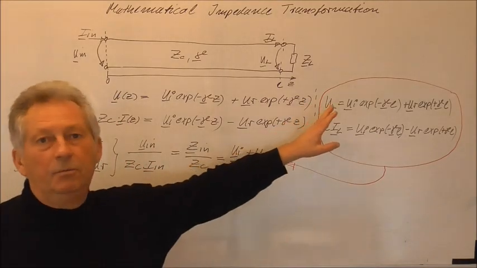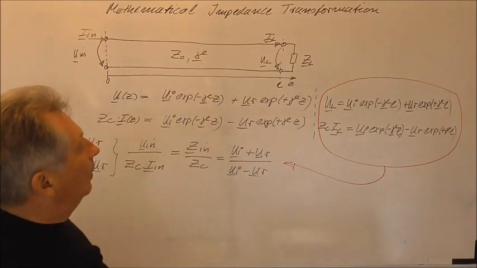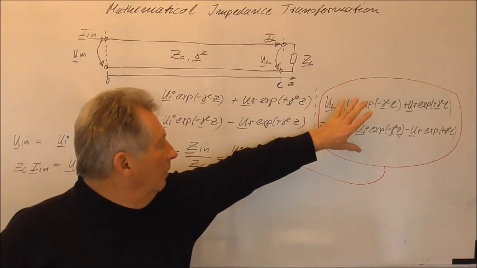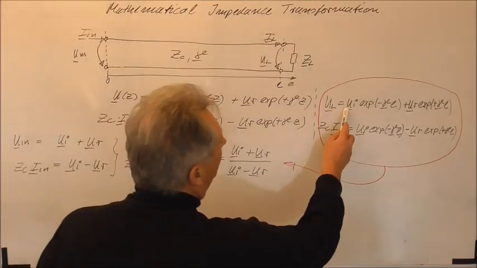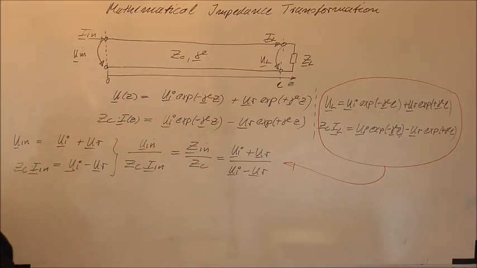But of course this would be very time consuming, so I will omit this and give you directly the result, if I solve these equations for ue and ur and put it into this equation.